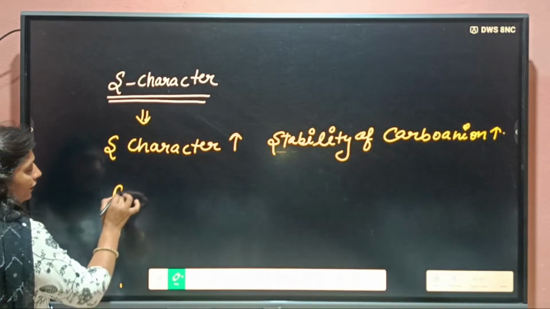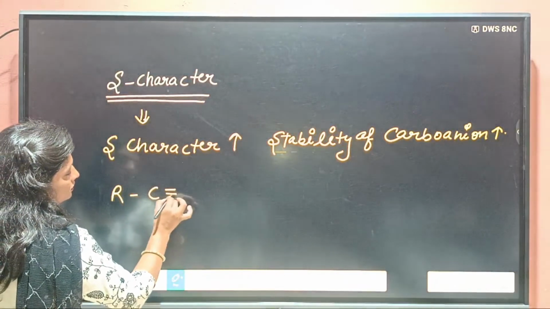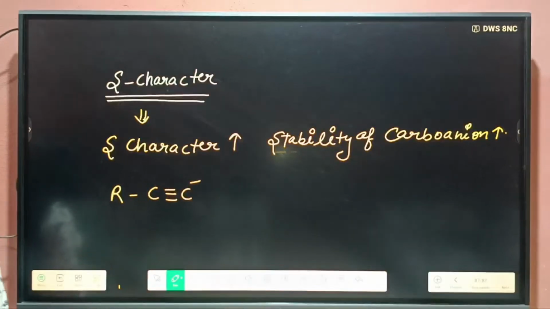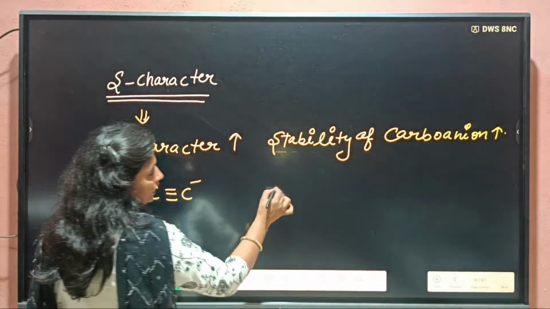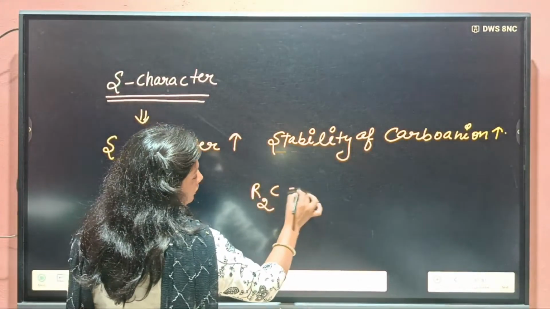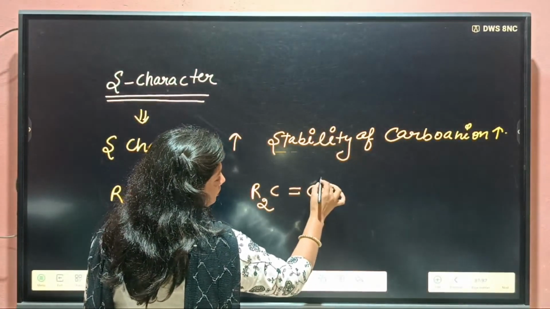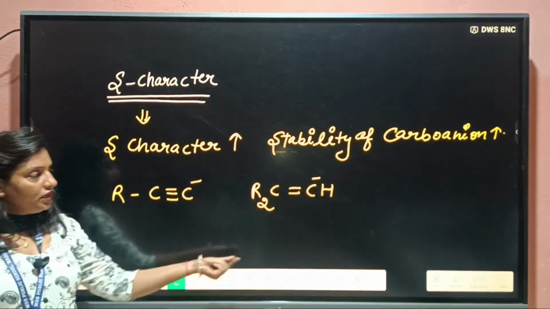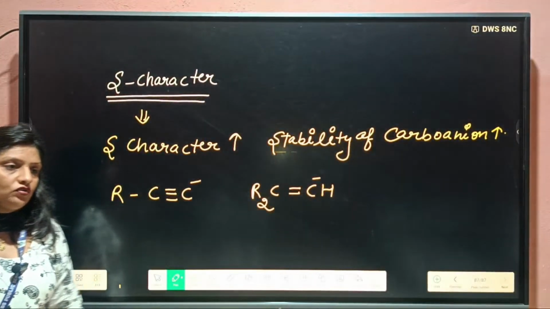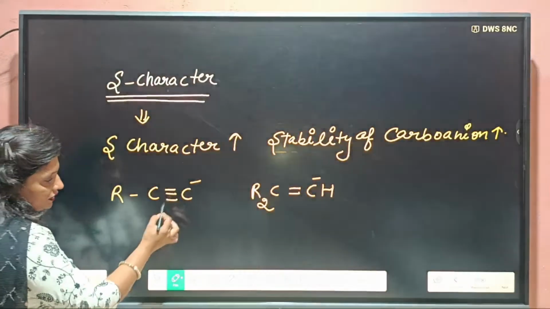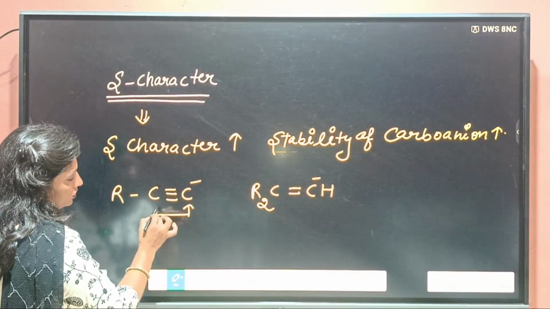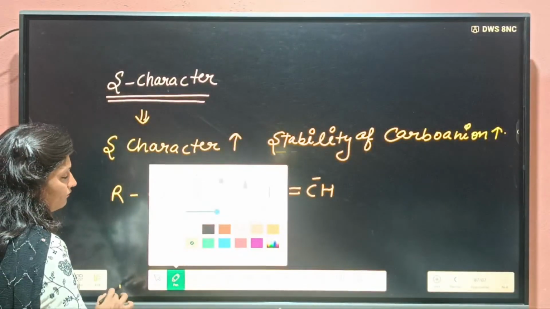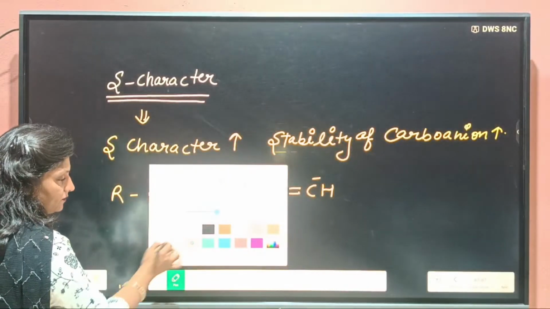Like if I write it this way, R C double bond C, C triple bond C negative, and then I write CR2 double bond CH negative. Here carbon is carrying a negative charge, and here carbon is also carrying a negative charge. Here students, carbon to carbon triple bond means hybridization will be sp.